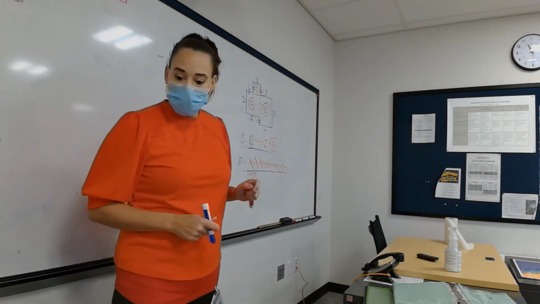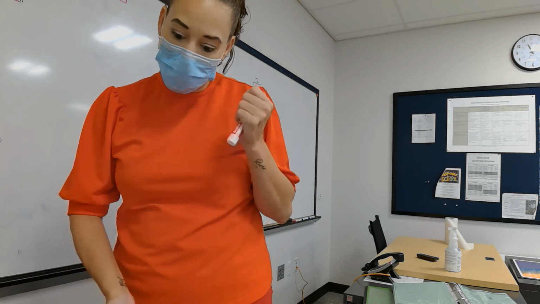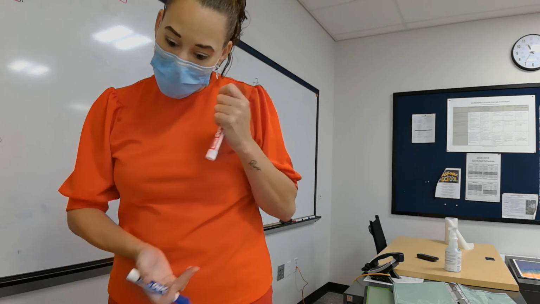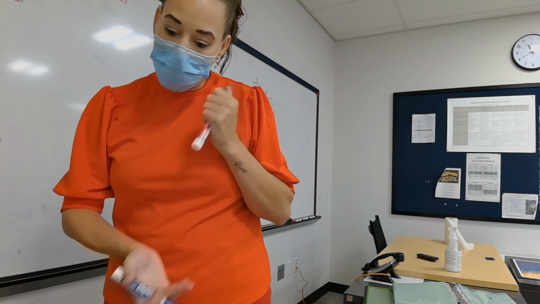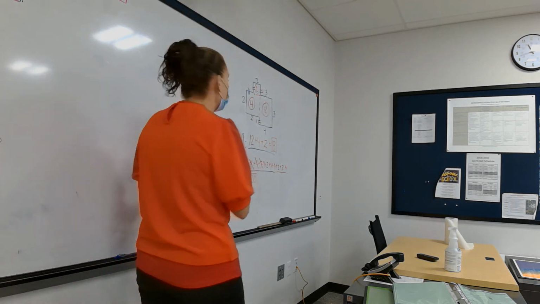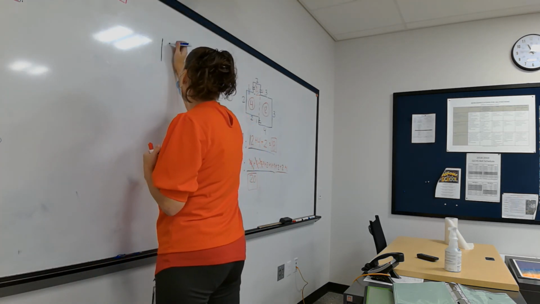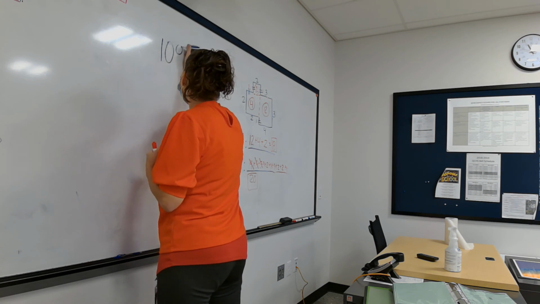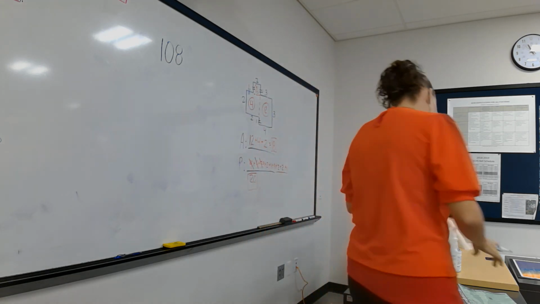All right, so now it says use divisibility rules and your calculator to find the prime factors using a factor tree. Create the prime factorization of 108. So I give you 108. All right. You have to draw your factor tree.